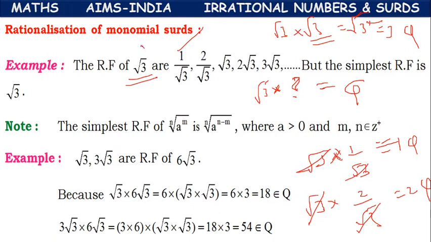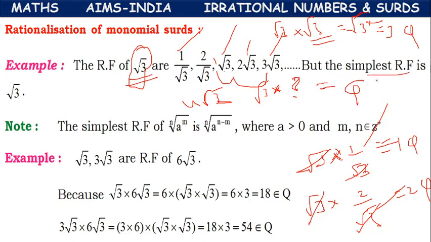So the rationalizing factors of root 3 are 1 by root 3, 2 by root 3, root 3, 2 root 3, 3 root 3, like that. For root 3, 1, 2, 3, 4 root 3, 5 root 3, all multiples we can take.